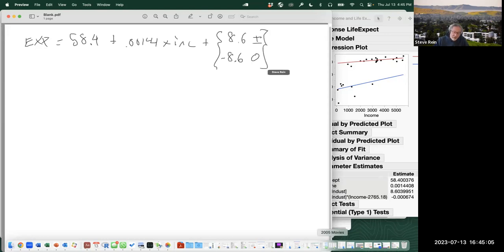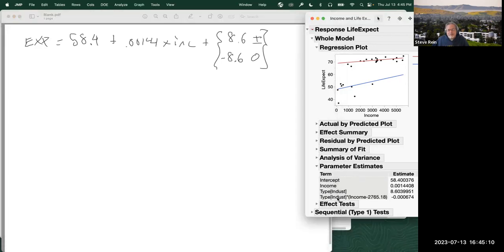Plus one additional term now that I'm going to add in, and that is Industrial times income minus 2765. That minus 2765 is a real pain in the ass, isn't it?